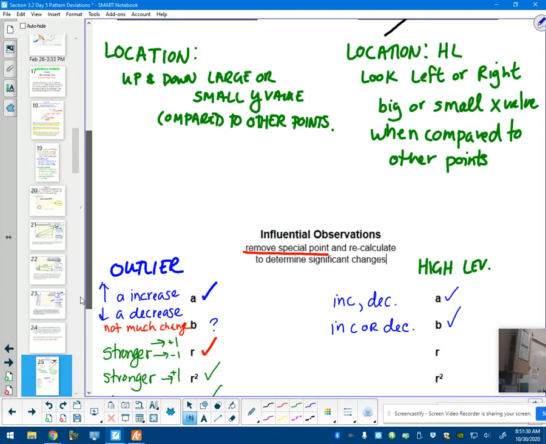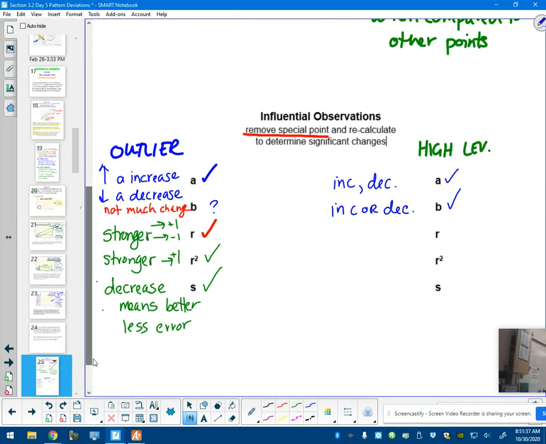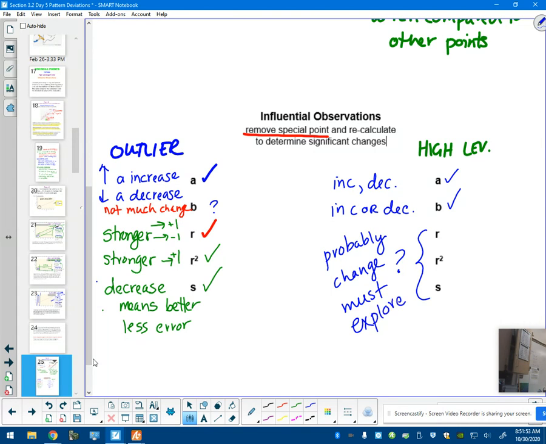If I were to take that high leverage point out, these probably change, but you have to explore it to see how it changes. Usually when you take high leverage points out, many times those things get worse.